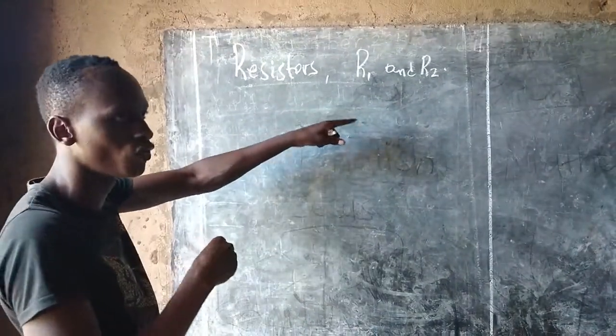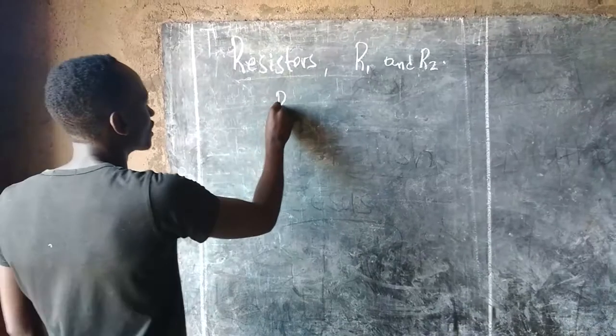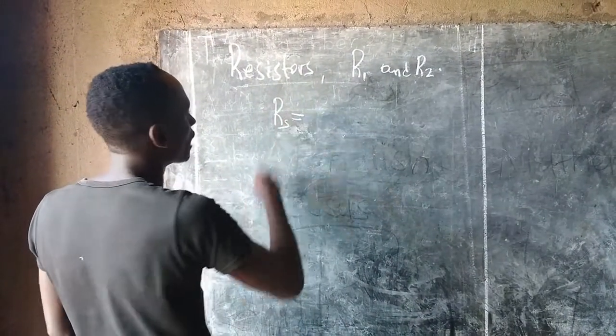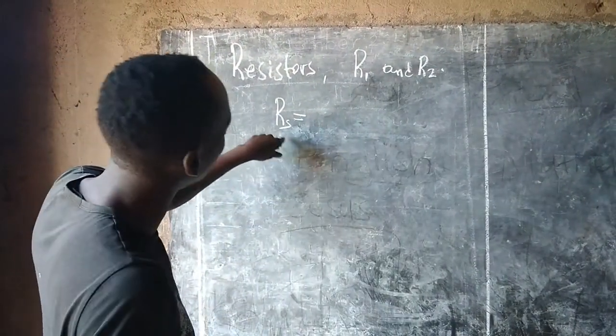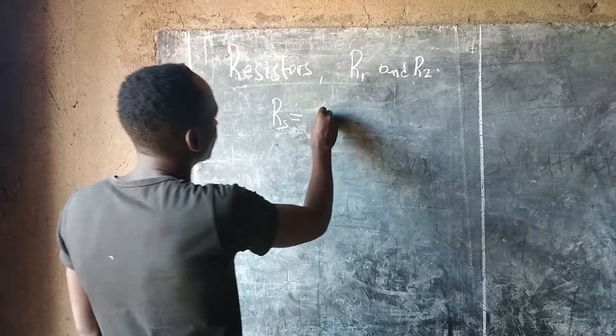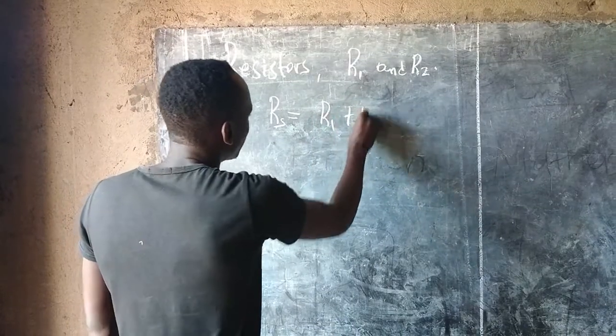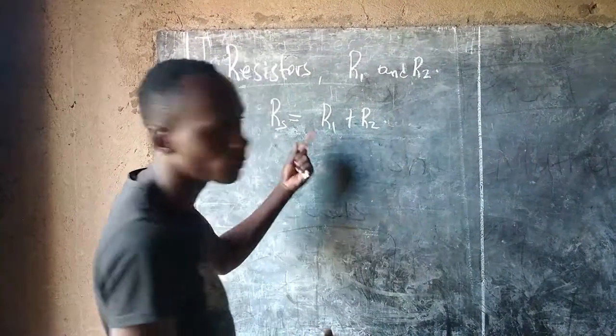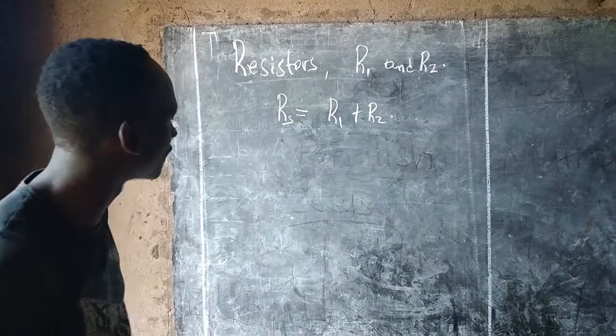Assuming that these two are in series, the total resistance, let me call it RS. This S means that I'm considering resistors in series. So the effective resistance in this case is always R1 plus R2. That is simple, isn't it? Very simple, you can see.